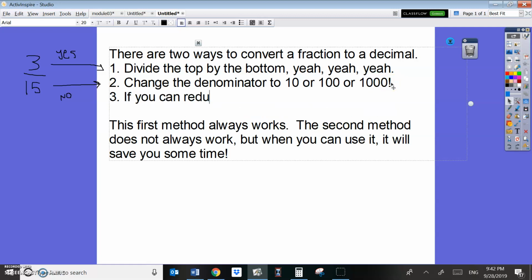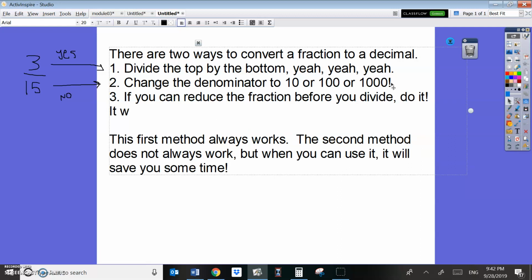If you can reduce the fraction before you divide, do it. It will save you some work.